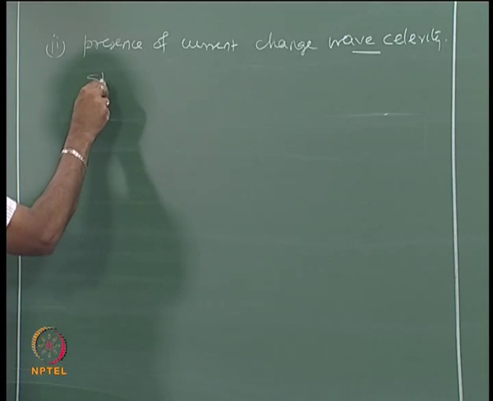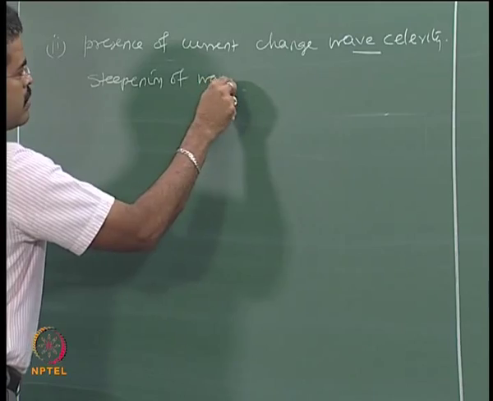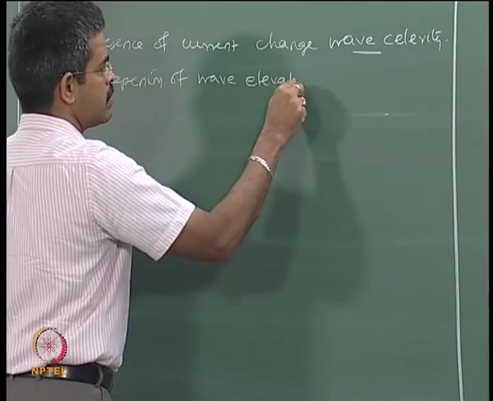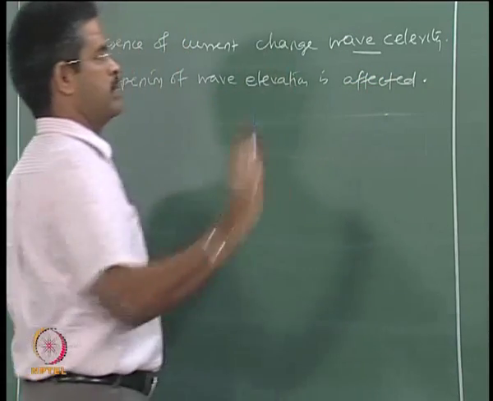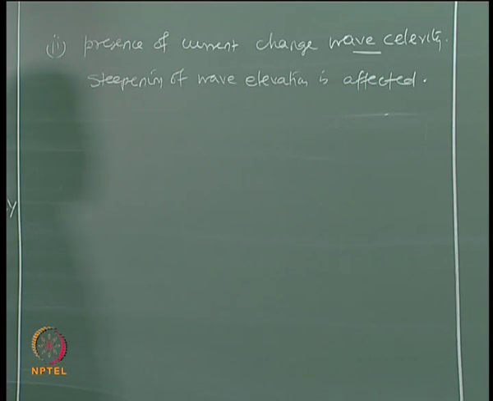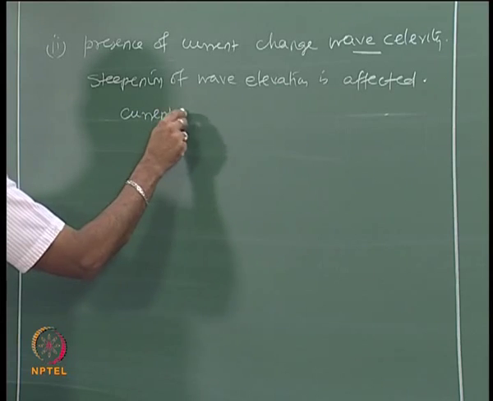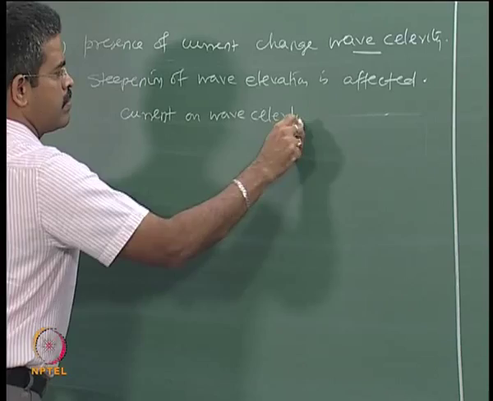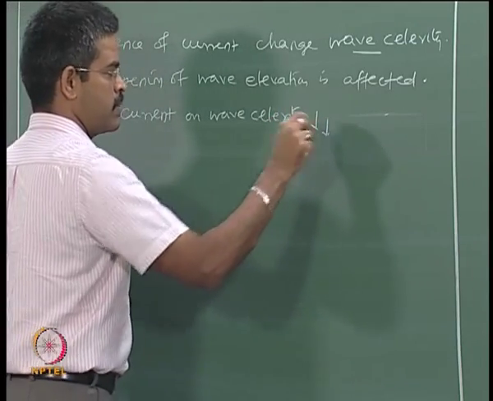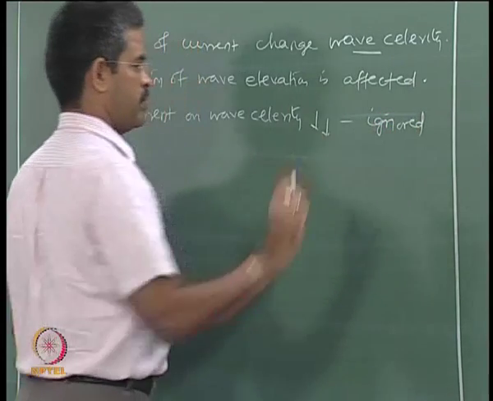Therefore, the steepening of the wave elevation is affected. But studies in the literature have shown that the effect of current on the wave celerity is very small, so generally it can be ignored.